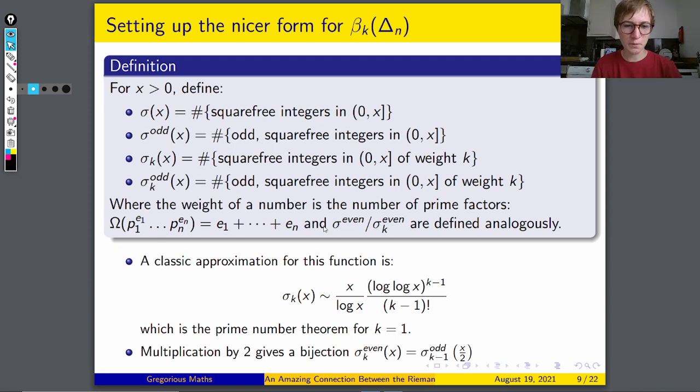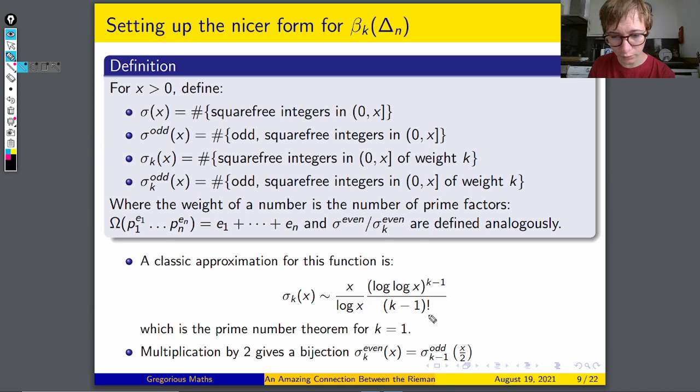And of course, sigma even and sigma even k are defined in the exact same way, except replacing odd with even. Okay. Now, a couple of side notes, not that important, about this function: a classic approximation by Landau, I think is how you pronounce that name, is that this sigma k is asymptotic to this thing.